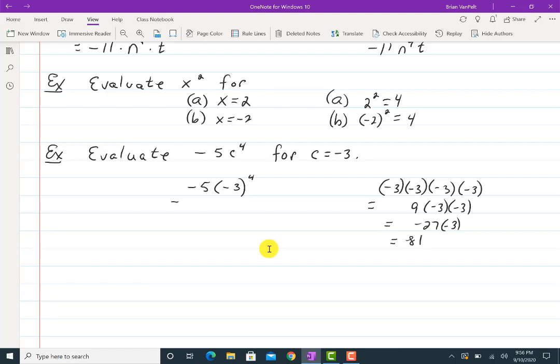So this equals negative 5 times positive 81. You know this will be negative because a negative times a positive is negative. 5 times 81, if you can't do it, you'll have to multiply it out longhand in some sort of way. But I happen to know that it's 405.